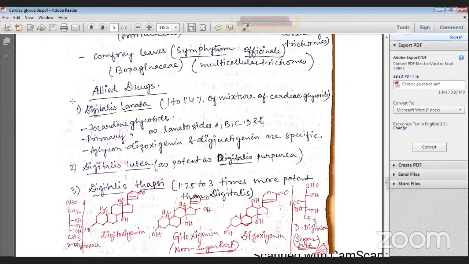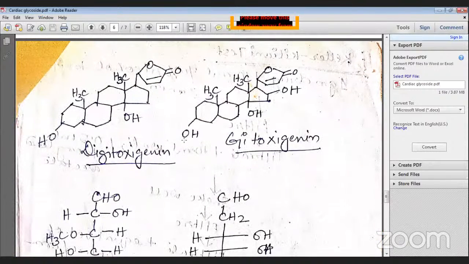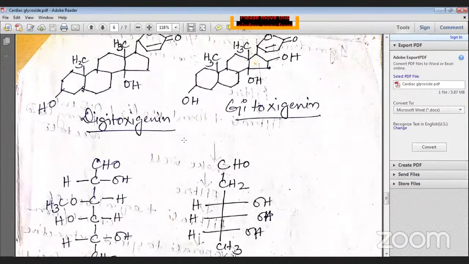Digitalis thapsi is 1.25 to 3 times more potent than Digitalis. So these are the allied drugs of Digitalis purpurea. This is the structure of the primary glycoside.